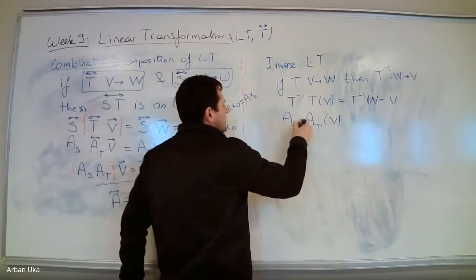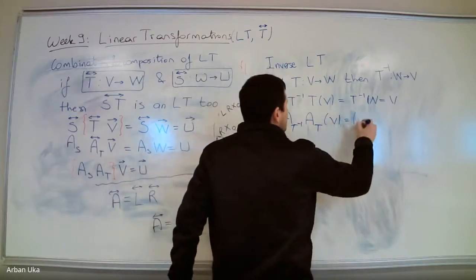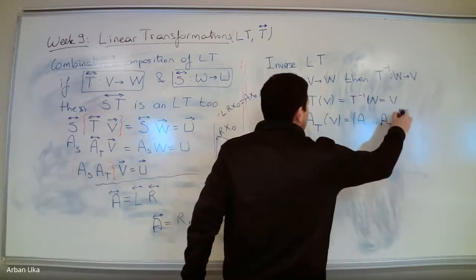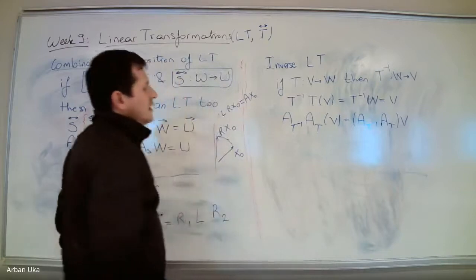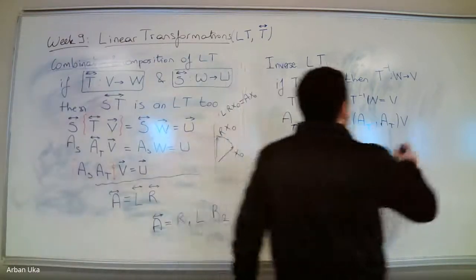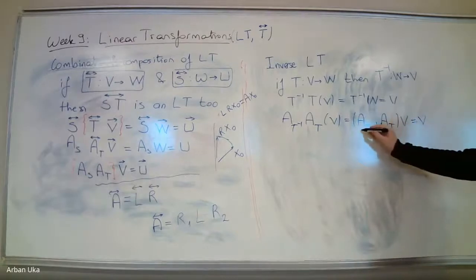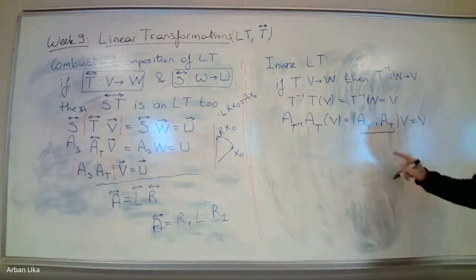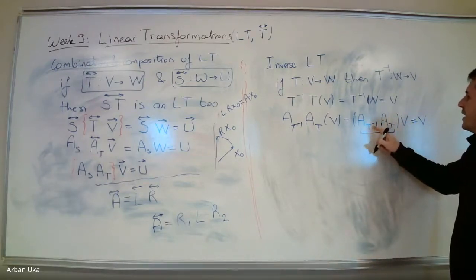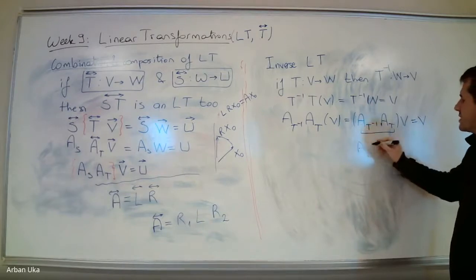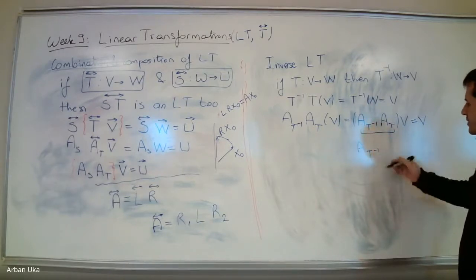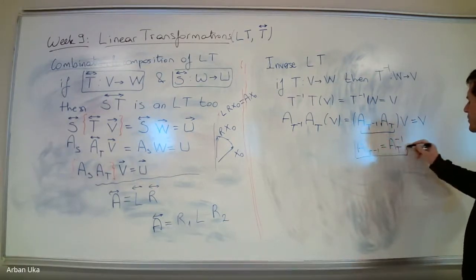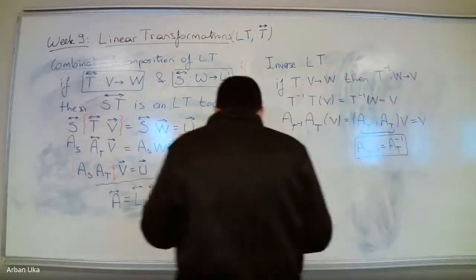This can be another vector, T inverse, and in principle this will be A of T inverse times A of T times V. This is going to be equal to V, which means that this is the identity matrix, from which we can also conclude that A of T inverse is in fact the inverse of A of T. It looks a little messy, but they will be inverses of each other.